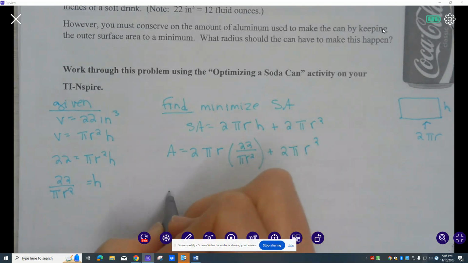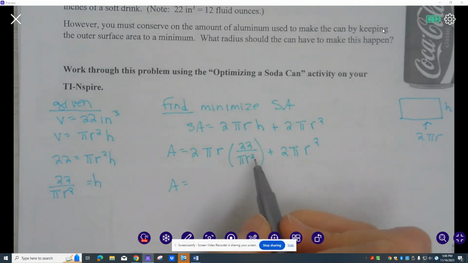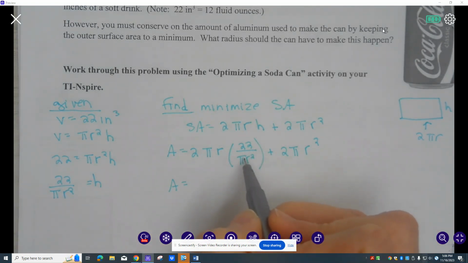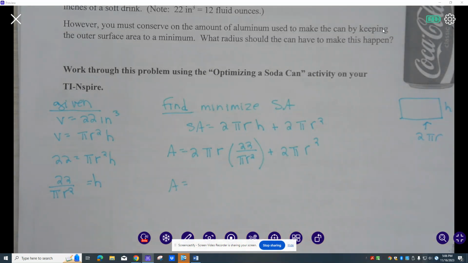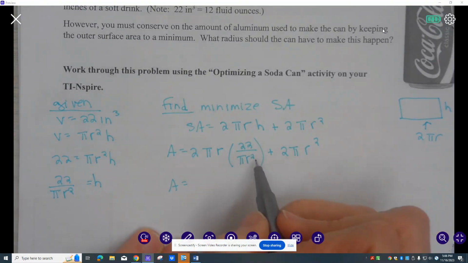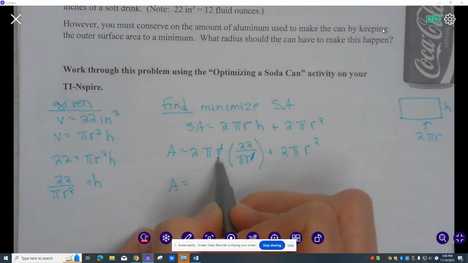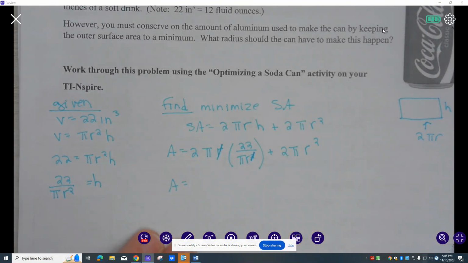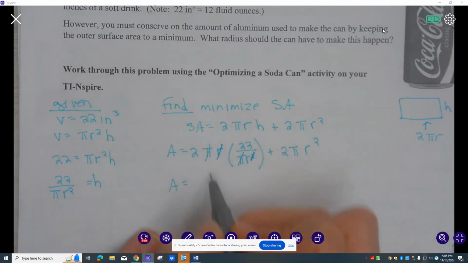And then we can do a little simplifying here. So I have a pi on the top. Do I have pi on the top? Yeah, I do. I have an r, one r, two r's on the bottom, and one r on the top, and pi and pi.